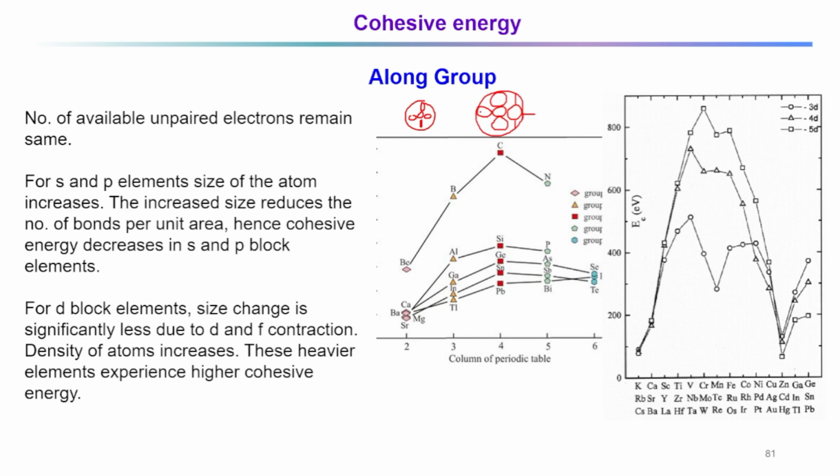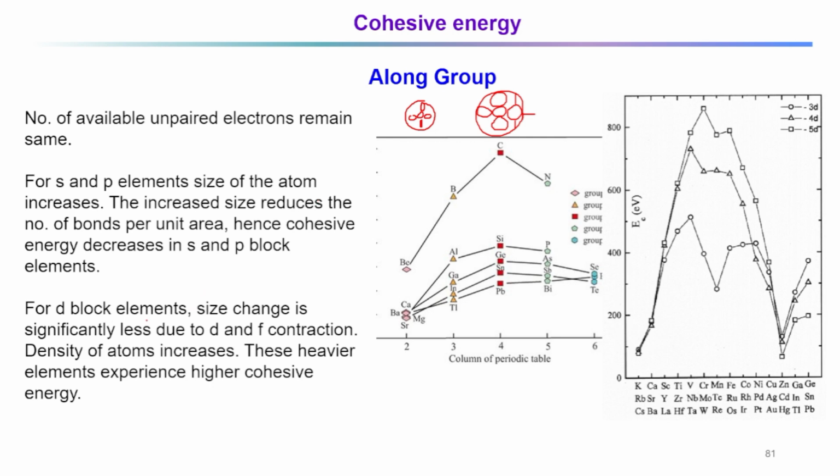So we have the same number of unpaired electrons and the same number of bonds, but as the atom size is small, here we have more bonds per unit area, whereas as the atom size is bigger, here we have fewer bonds per unit area. So hence the cohesive energy decreases in S and P block elements as we go from top to bottom because the size of the atom increases.